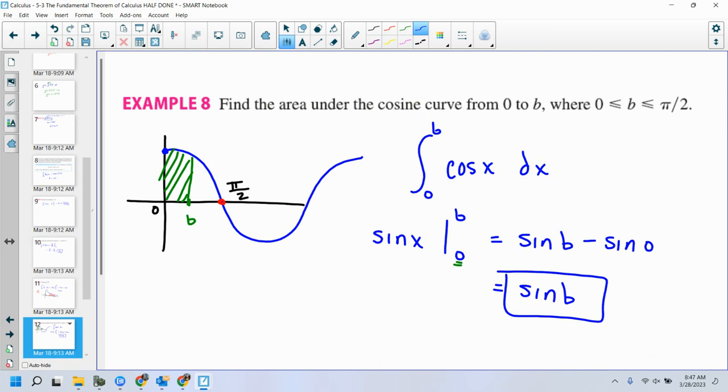So it's interesting to point out that if you want to calculate the area underneath the curve at any given point from 0 to pi over 2 on cosine, all you have to do is run that same value through sine. You want to find the area underneath the curve from 0 to pi over 4, just find sine of pi over 4.